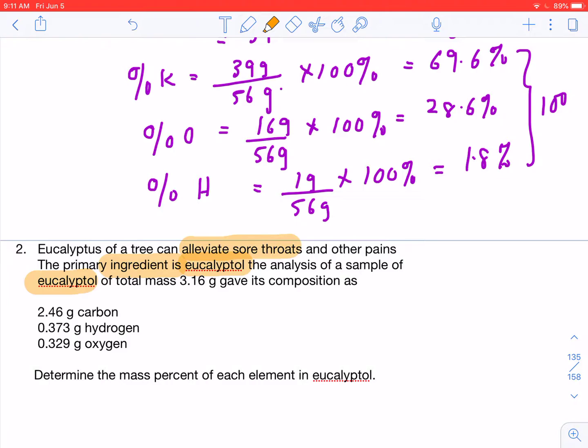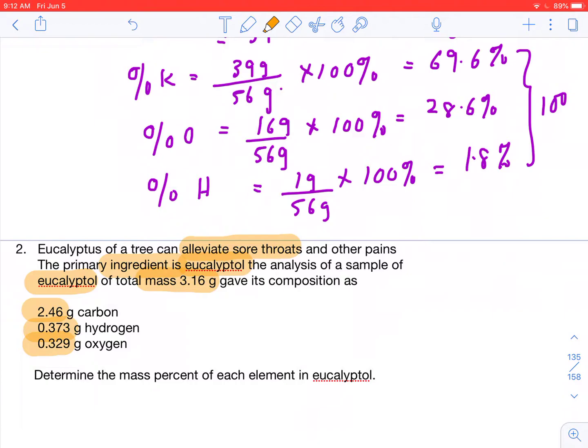Right? The analysis of a sample of eucalyptol, if we take a mass of 3.16 grams, right? So we got a sample of 3.16 grams, and when its composition was analyzed, it was found that of the 3.16 grams, 2.46 was carbon, 0.373 grams was hydrogen, and 0.329 grams was of oxygen of that 3.16 grams, right?